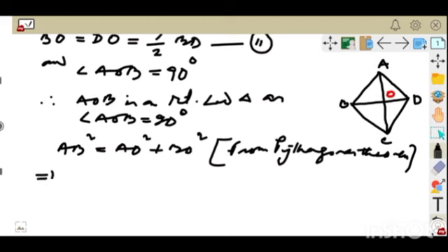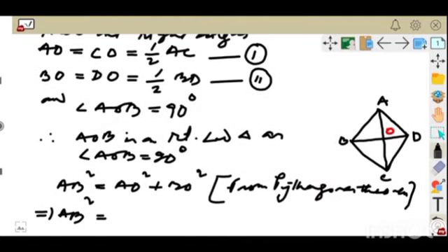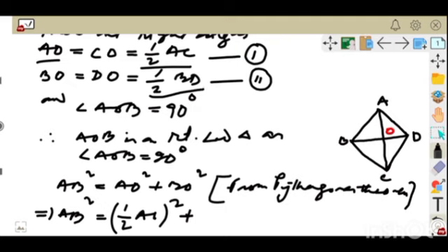So implies AB square equal to, in place of AO I can write half of AC, so I will write here half of AC whole square, plus in place of BO I can write half of BD. So I'm going to write here 1 by 2 of BD whole square.